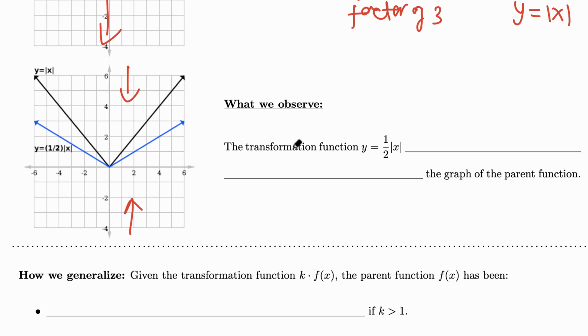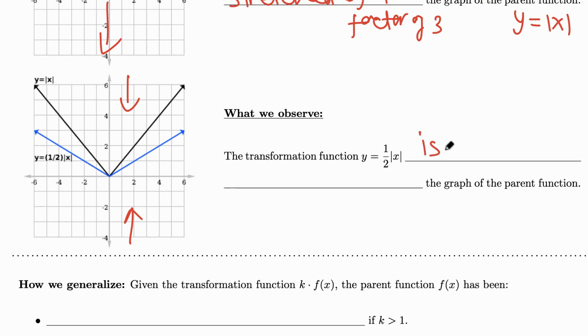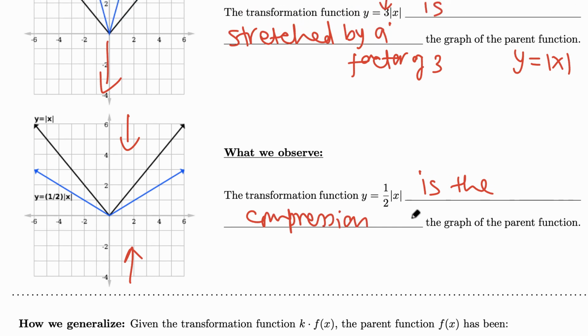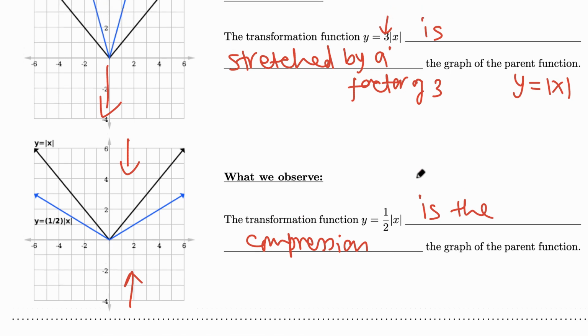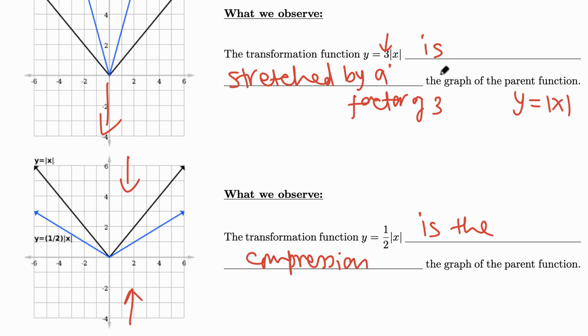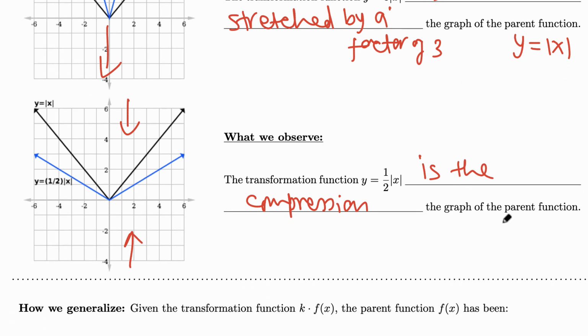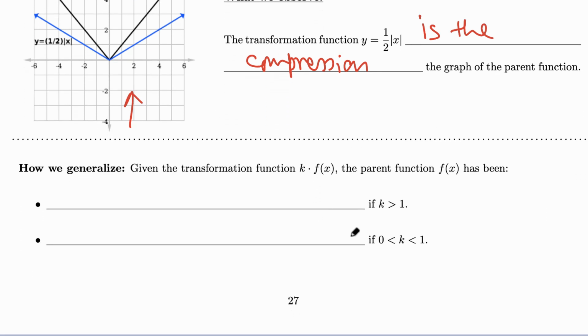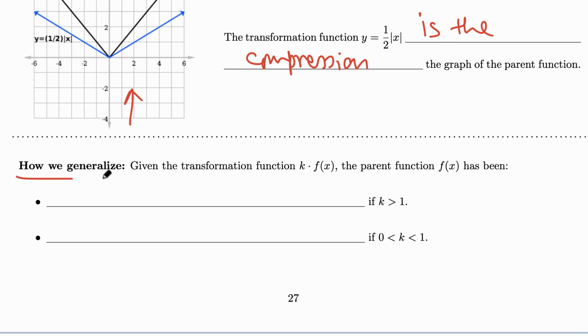Okay, compression. The transformation function is the compression by a factor of 1/2. In this case, the transformation is a stretch of the graph by a factor of 3. Now, we want to generalize.